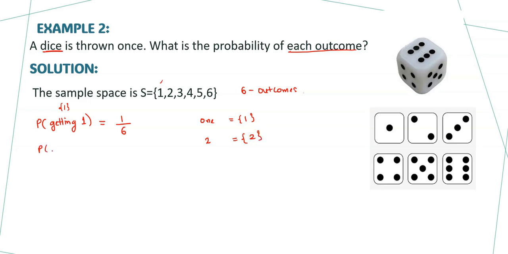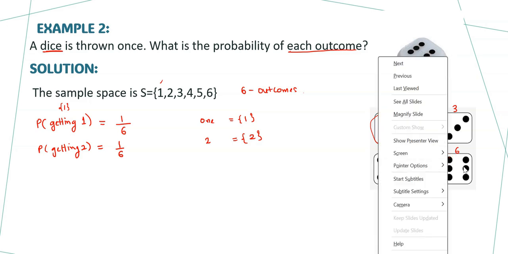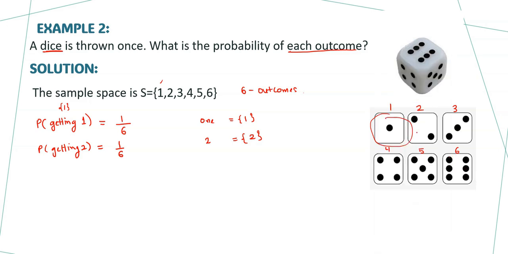So probability of getting 2 is again 1 over 6. It's simple to understand. These are 6 outcomes: 1, 2, 3, 4, 5, 6. Out of which, how many times do you see 1? This is the only option over total 6. Similarly, if I ask you what is the probability of getting 6, it is again one side out of 6. So that's why the probability of each outcome will be 1 over 6.